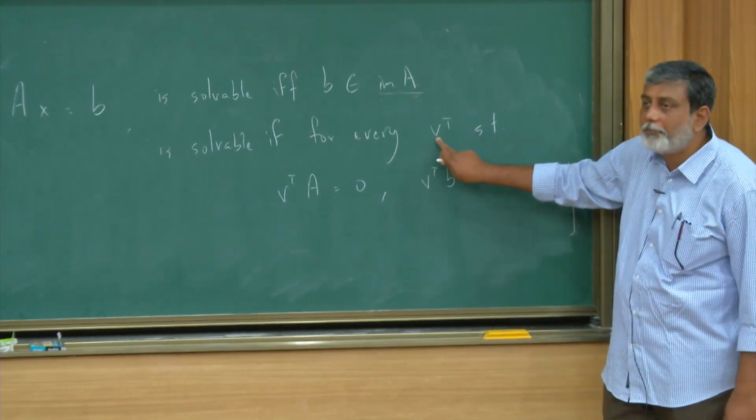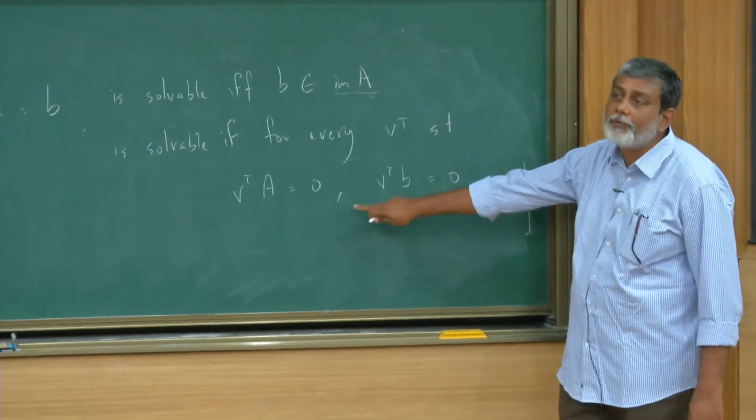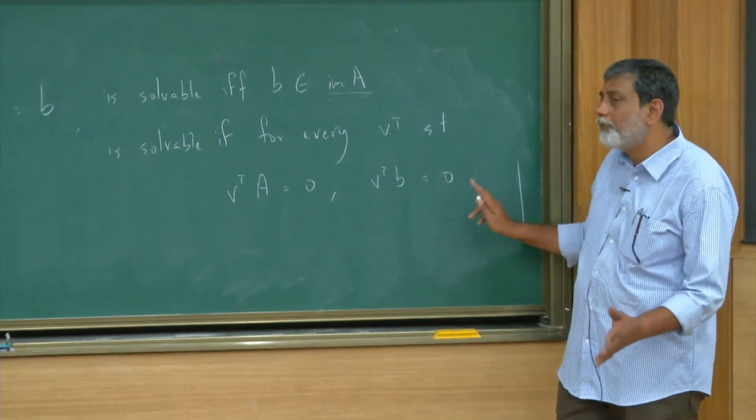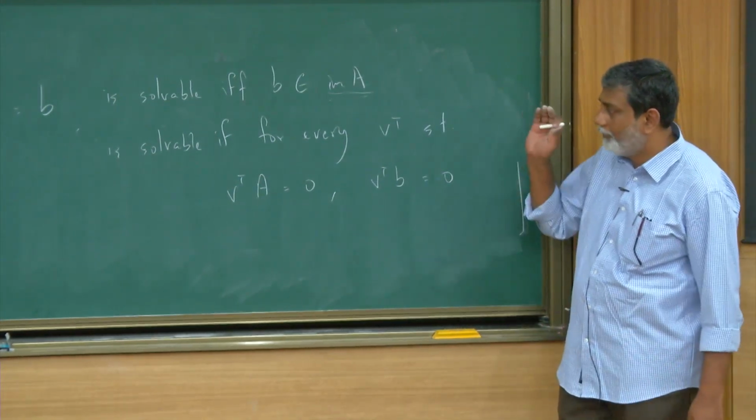For every V transpose such that V transpose A is 0, V transpose B must be 0. Only then can you solve AX equal to B.